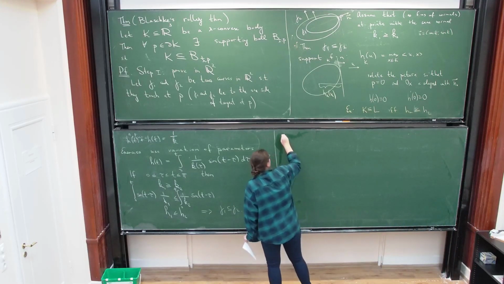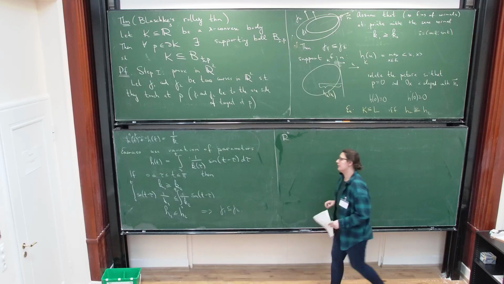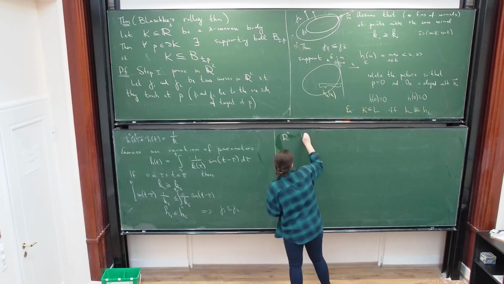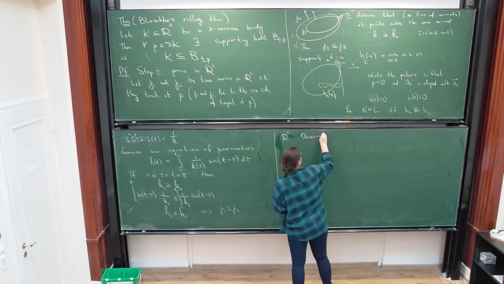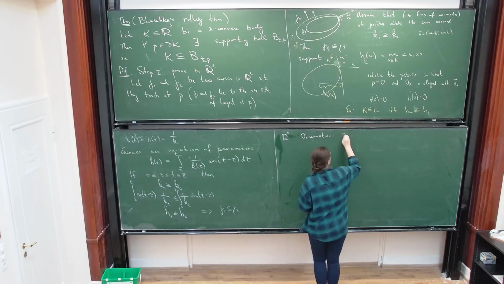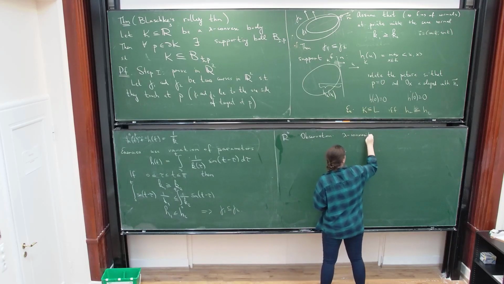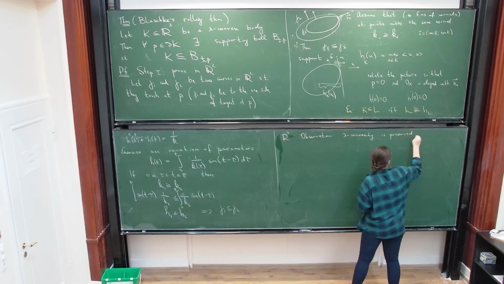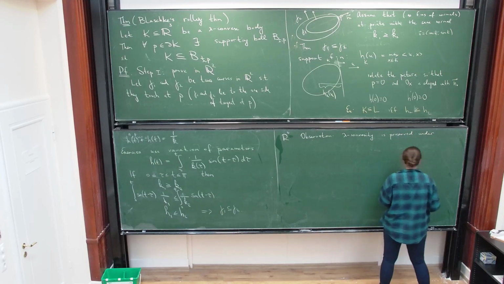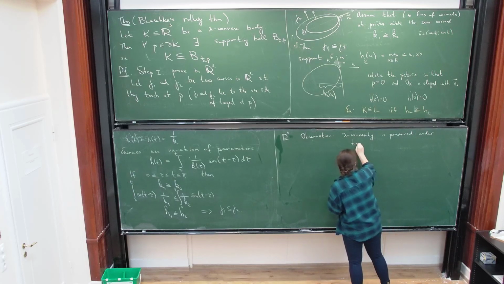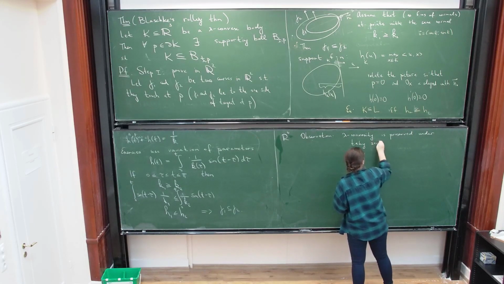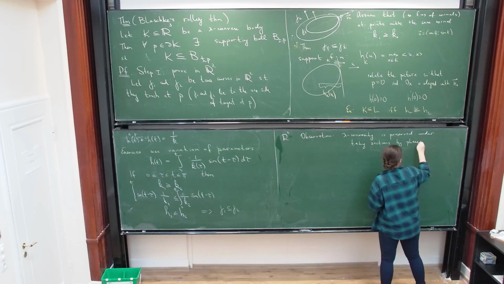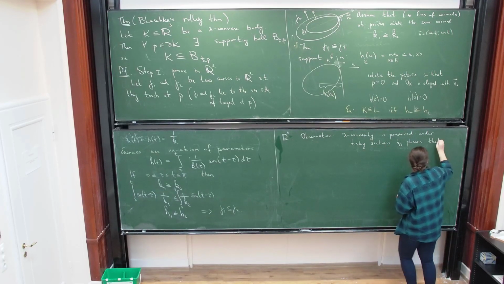So what I can do in R3 for my lambda convex bodies. The one simple observation that I can make is the following: that lambda convexity is preserved under taking sections by planes that contain the normal vector.